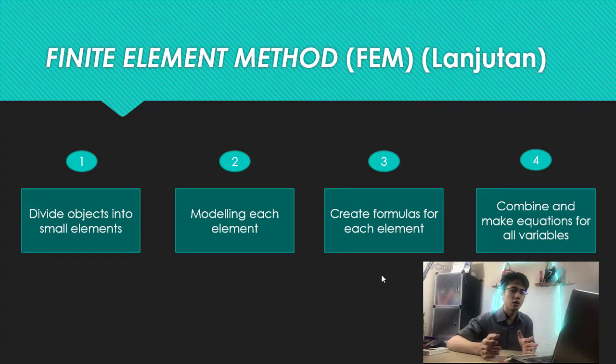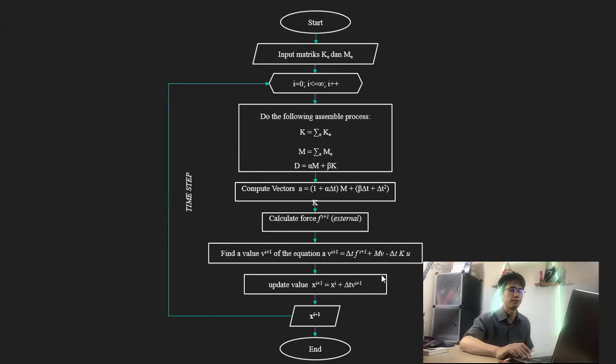The next is to create the formulation for each element that we have divided. And the last one is to combine with equations for all variables. Those are the four main steps in using the finite element method.